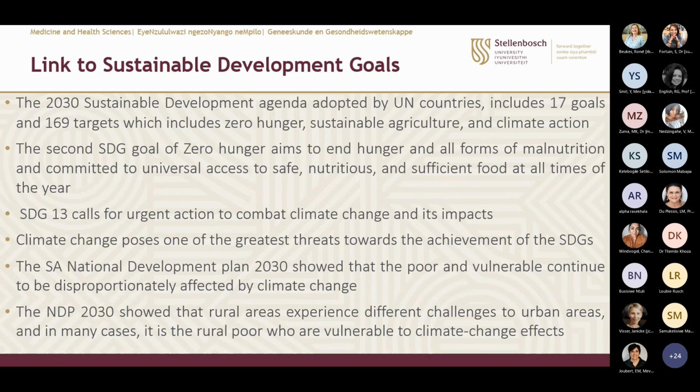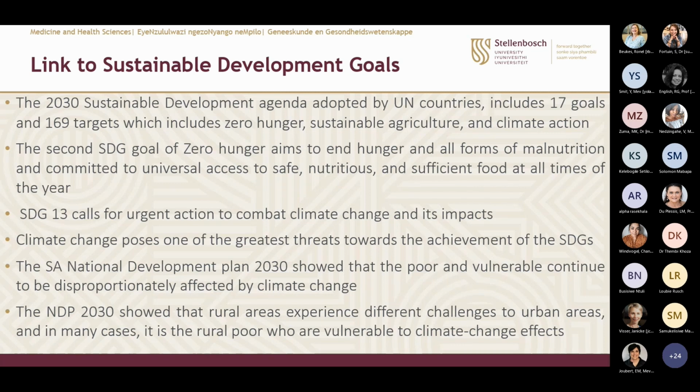Just to link what I am presenting to Sustainable Development Goals, we know that there's the 2030 Sustainable Development Goals agenda that was adopted by many countries, with goals and targets. And from there is an inclusion of zero hunger, sustainable agriculture, and climate action, which speaks to the presentation now.